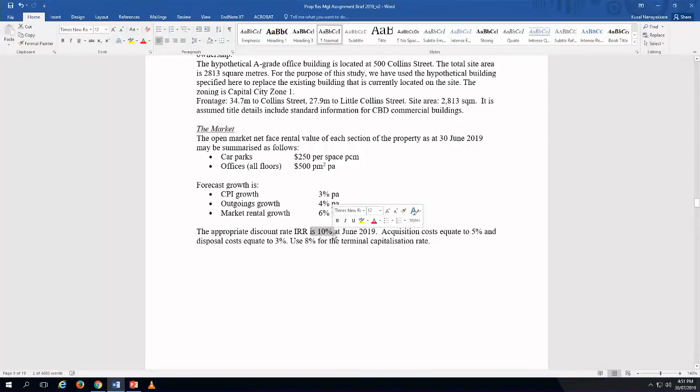The reason here is that the tenant needs a long-term return of 10%. So this building should give at least 10% return, otherwise it's not worth it. If this building doesn't meet his required return, it should be at least 10%. So that's why it says IRR is 10% at June 2019.